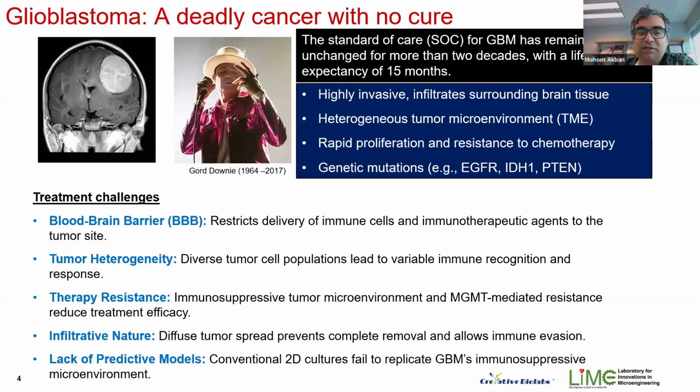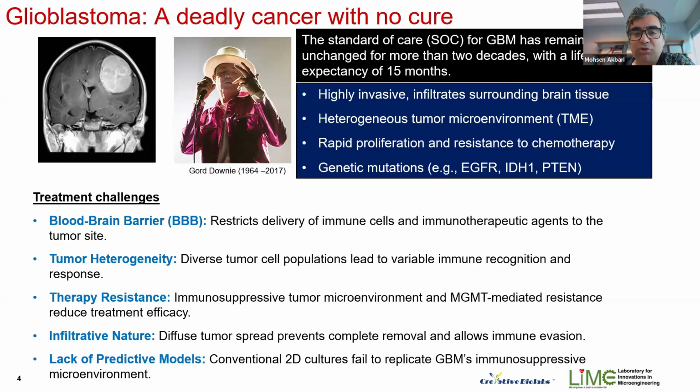Therefore, a single treatment is not going to be effective, and we need to think about a combination of different therapies, perhaps different modes of treatment, including radiotherapy, chemotherapy, and immunotherapy together.